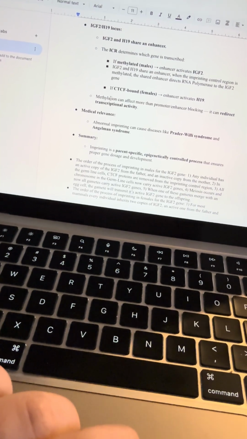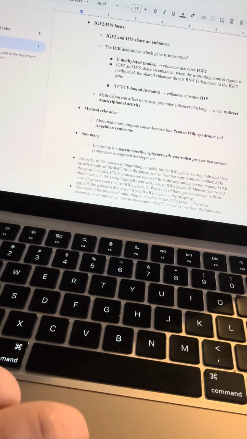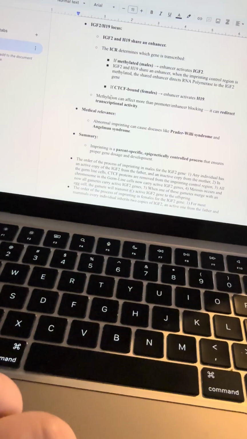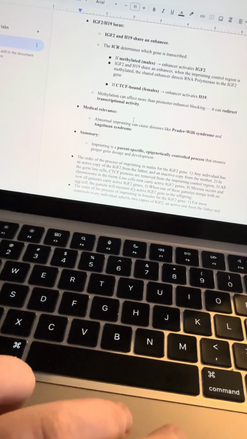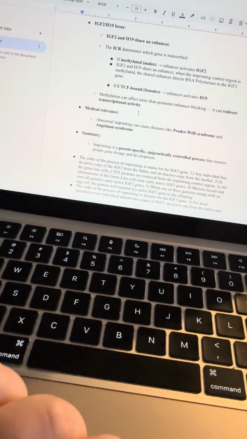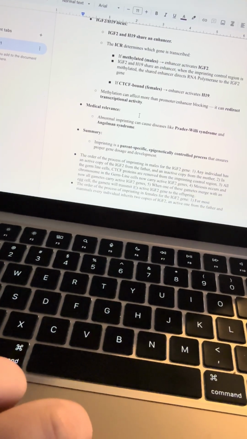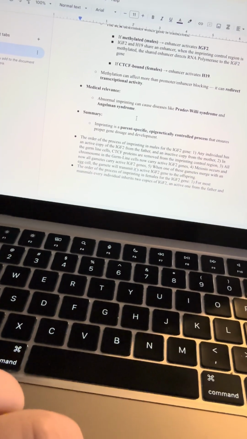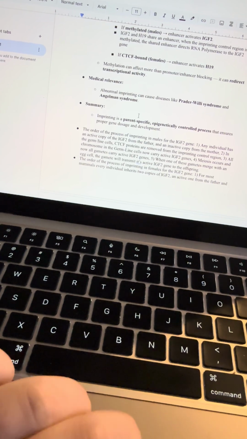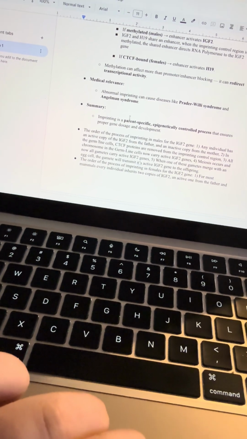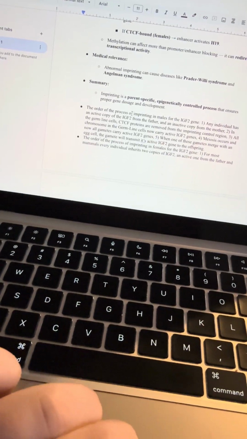If CTCF is bound, as in females, the enhancer activates H19. Methylation can affect more than promoter and enhancer blocking. It can redirect transcriptional activity. Medical relevance: abnormal imprinting can cause diseases like Prader-Willi syndrome and Angelman syndrome.